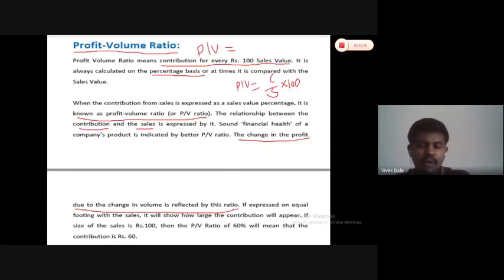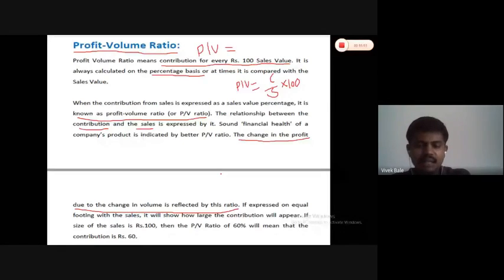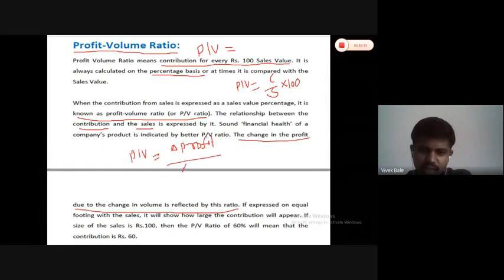Sometimes if the profit changes due to a change in sales, then also PV ratio can be calculated, and therefore PV ratio is equal to change in profit divided by change in sales. So this is another formula for calculating profit volume ratio. When the change in profit and the change in sales are given, at that time with the help of this formula you can calculate the profit volume ratio.